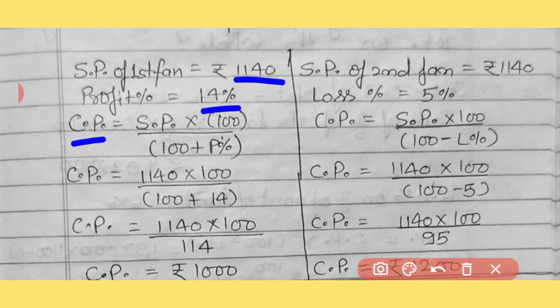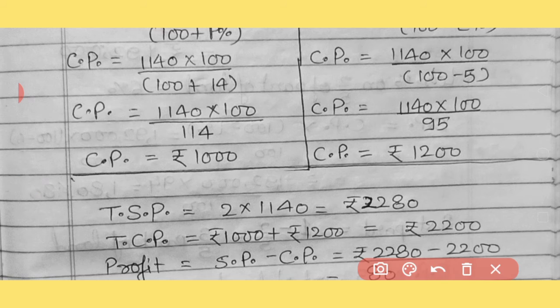Firstly we have to know CP, then we will know anything. The CP formula says SP multiplying with 100 divided by 100 plus profit percentage. So 1140 multiplying with 100 divided by 100 plus 14. So CP is equal to 1140 multiplying with 100 divided by 114. 114 divides 1140 10 times.